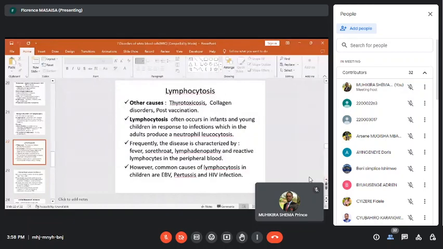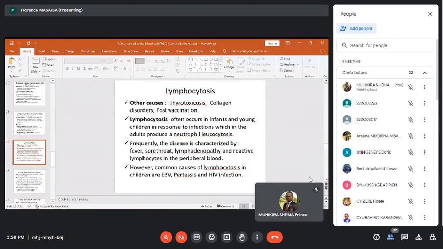Increased lymphocytes may also be seen in thyrotoxicosis. Sometimes lymphocytosis can occur in children as a response to bacterial infection, while in adults, bacterial infection produces neutrophil leukocytosis.